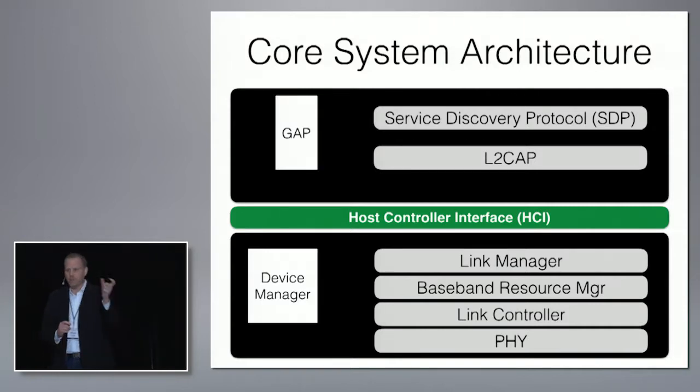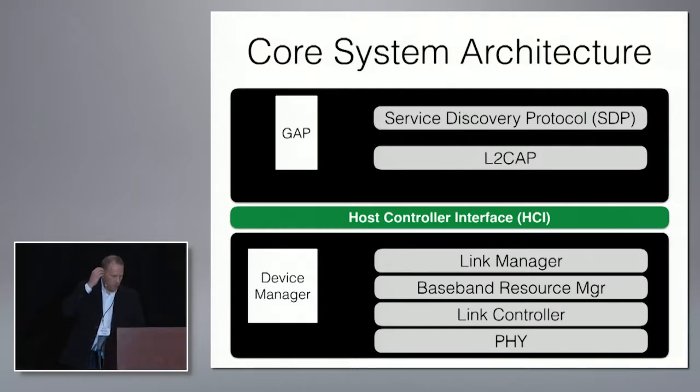That's handling all of the scheduling in the application to feed that down to the controller or the chip. I'm going to show you some of this stuff live, so hopefully it makes a little bit more sense. On the chip itself, of course, you have your link manager. That's basically controlling the physical links between the devices. You've got resource managers, the link controller, and of course, the base Bluetooth radio itself.